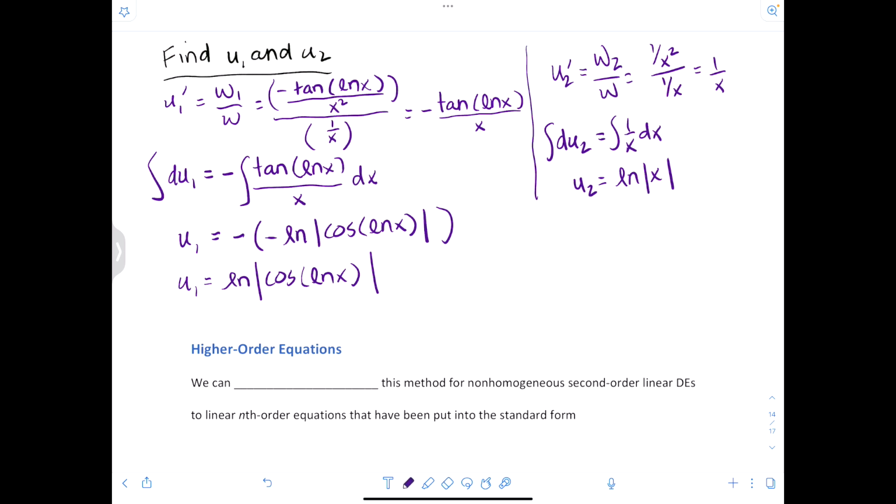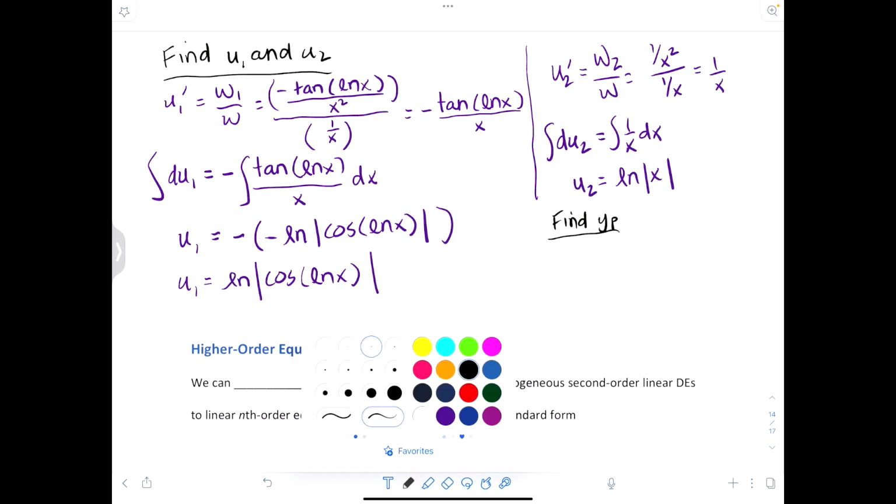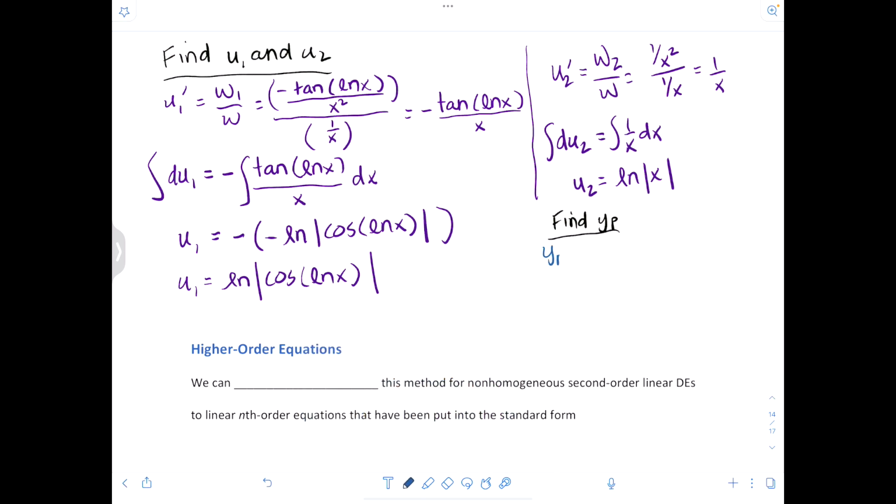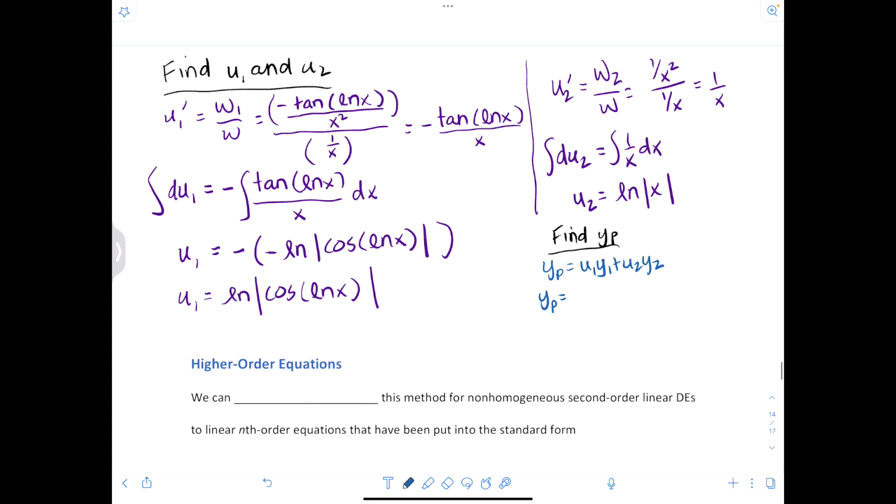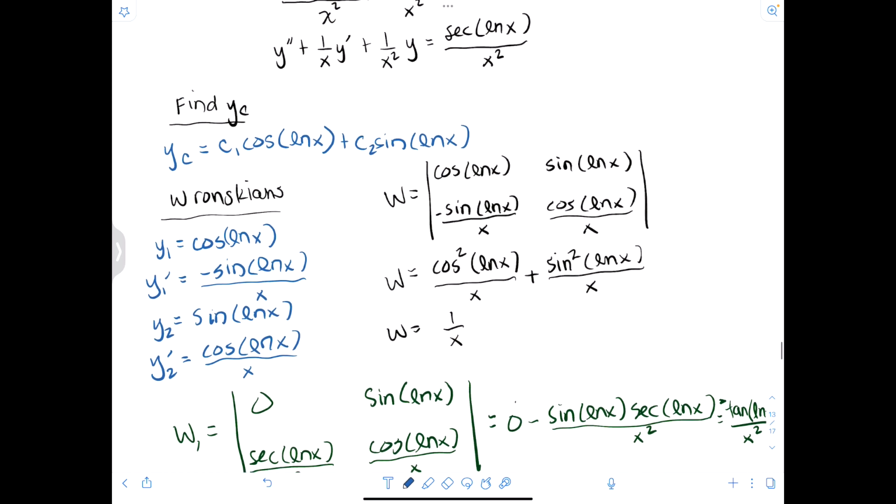So our particular solution, find yp, right? We'll just have yp equals u1 y1 plus u2 y2. So yp will be, let's see, our y1 I think was cosine of natural log of x.